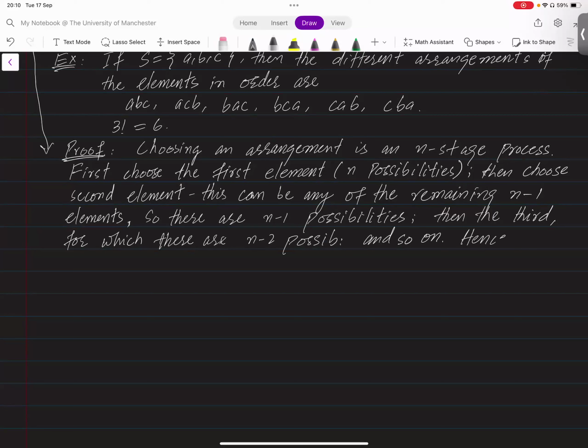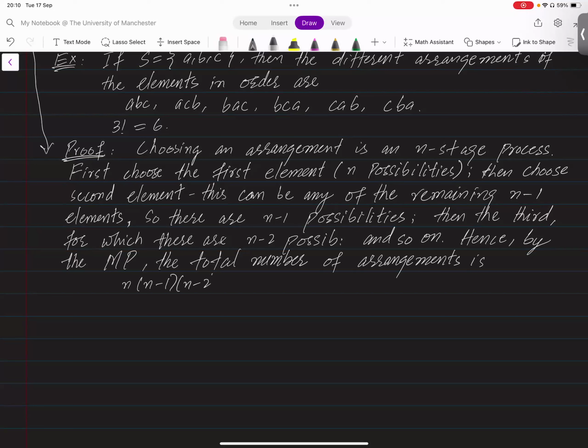Hence, by the multiplication principle, the total number of arrangements is n into n minus 1, n minus 2, down to 2 into 1, which is nothing but n factorial.